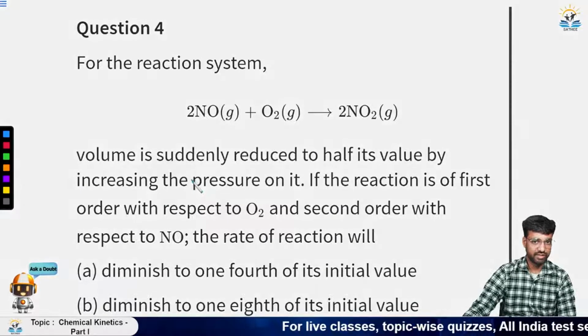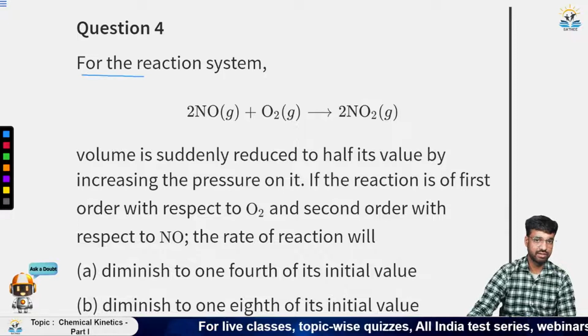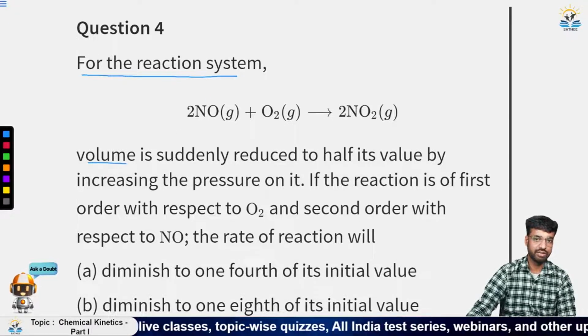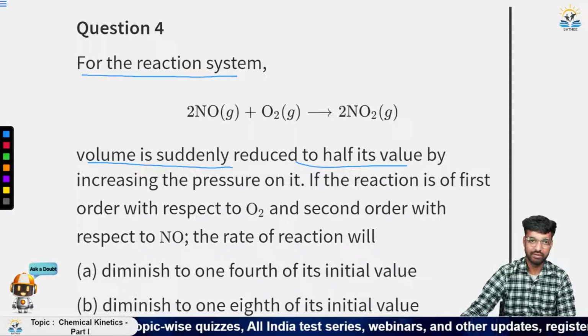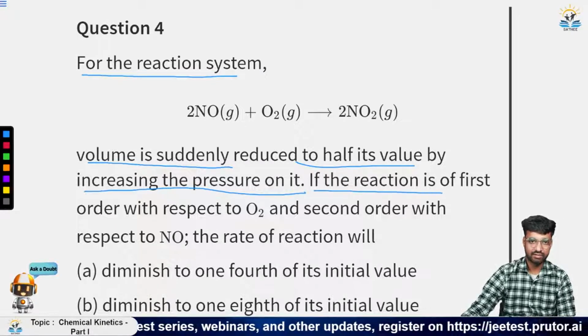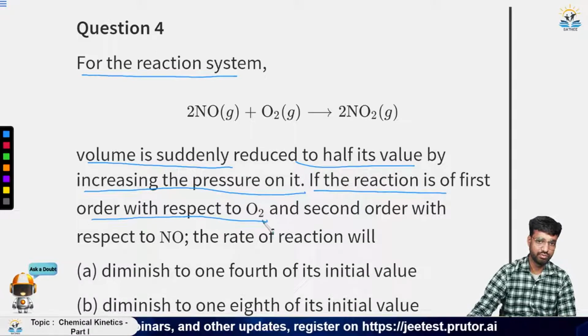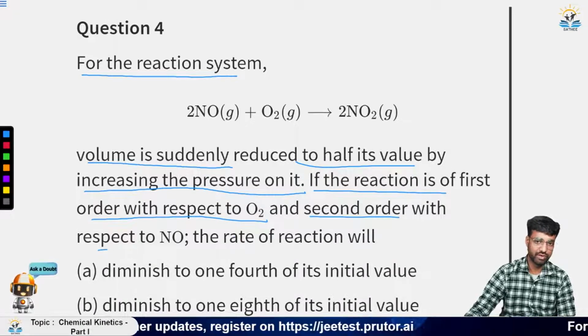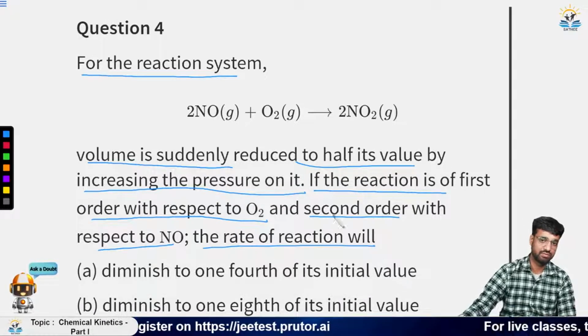Now let us move to our next question, which says that for a reaction system, the volume is suddenly reduced to half of its value by increasing the pressure on it. If the reaction is of first order with respect to O2 and second order with respect to NO, what will be the effect on the rate of reaction?